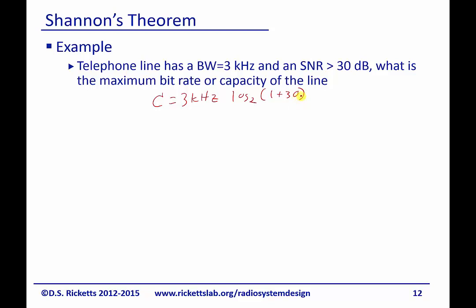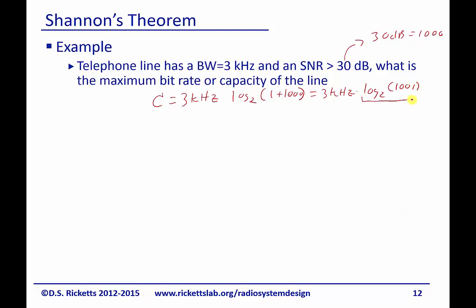Nope. Made a mistake, right? We don't put in the dB. We've got to put in what this is in linear scale. And 30 dB equals 1,000. So I end up with 3 kilohertz times log 2 of 1001.